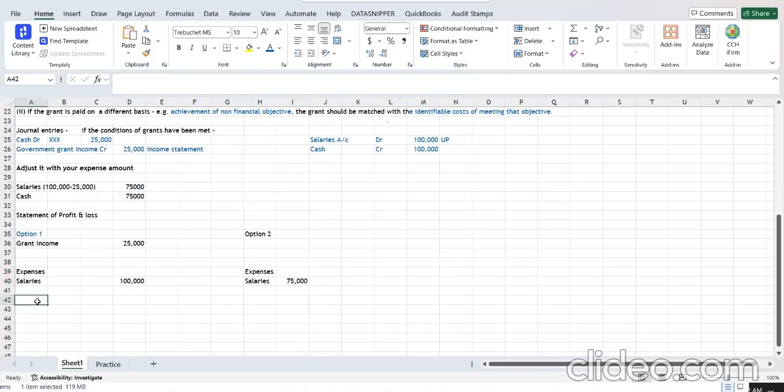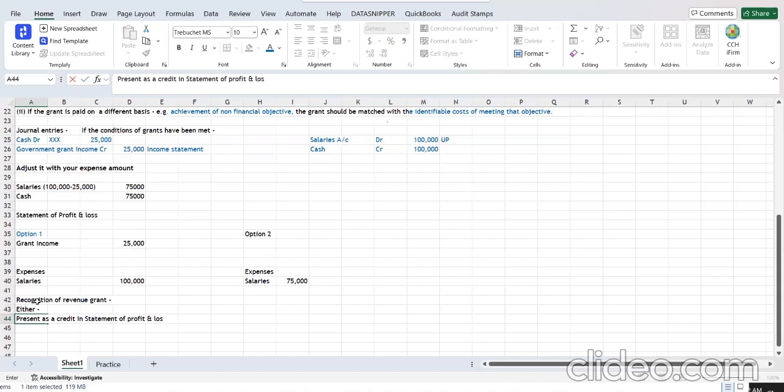So the recognition of revenue grant is either presented as a credit in the statement of profit and loss, that was my option one, or deducted from the related expense, and that's my option two.